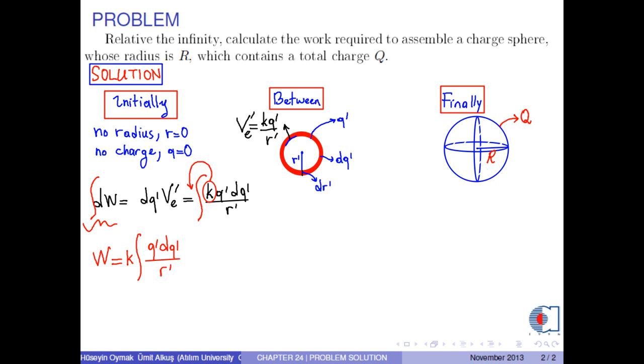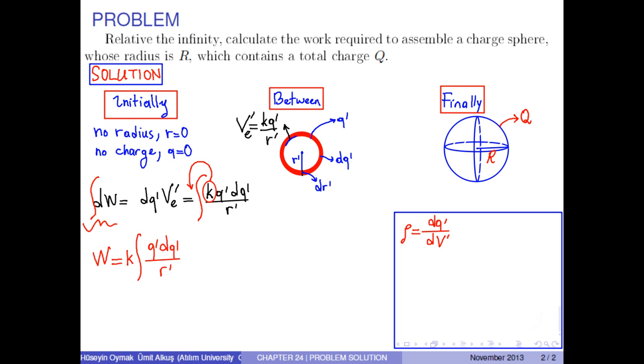Let the volume charge density of this sphere be ρ equals dq' over dV'. Because charge Q is uniformly distributed through this sphere, the charge density can be expressed as Q over 4/3 times pi times R cubed, where the denominator is the volume of the whole sphere.